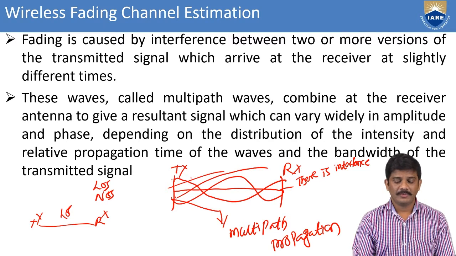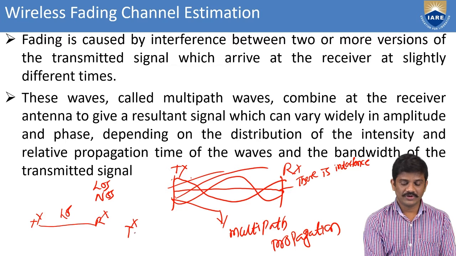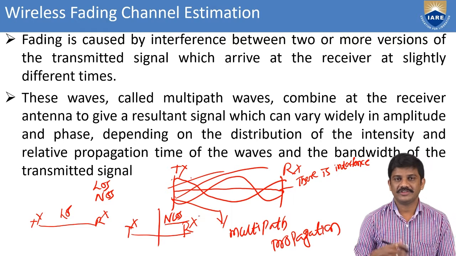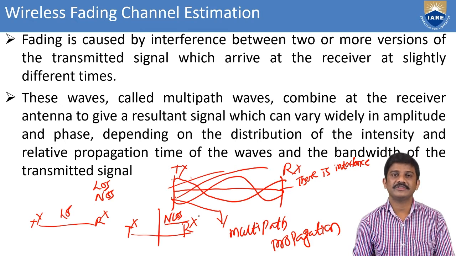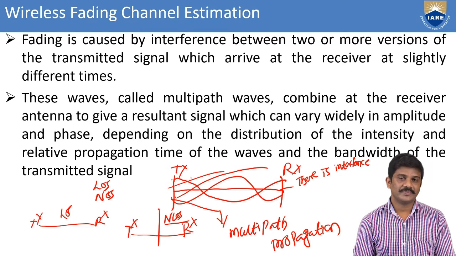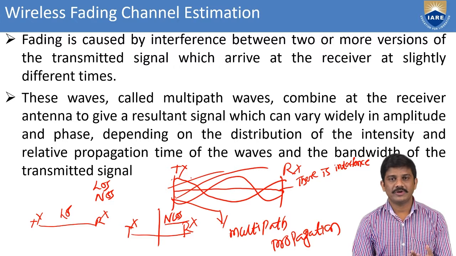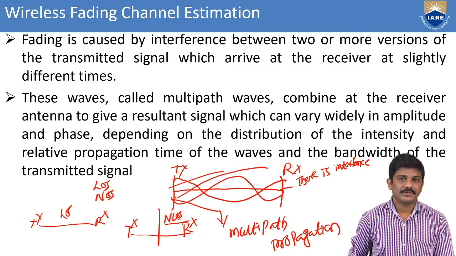But if we have an obstacle between the transmitter and receiver, this is called non-line of sight. Here the signal will be delayed or the signal strength will decrease, based on the propagation. The propagation is based on reflection and diffraction, which are also caused by non-line of sight propagation.